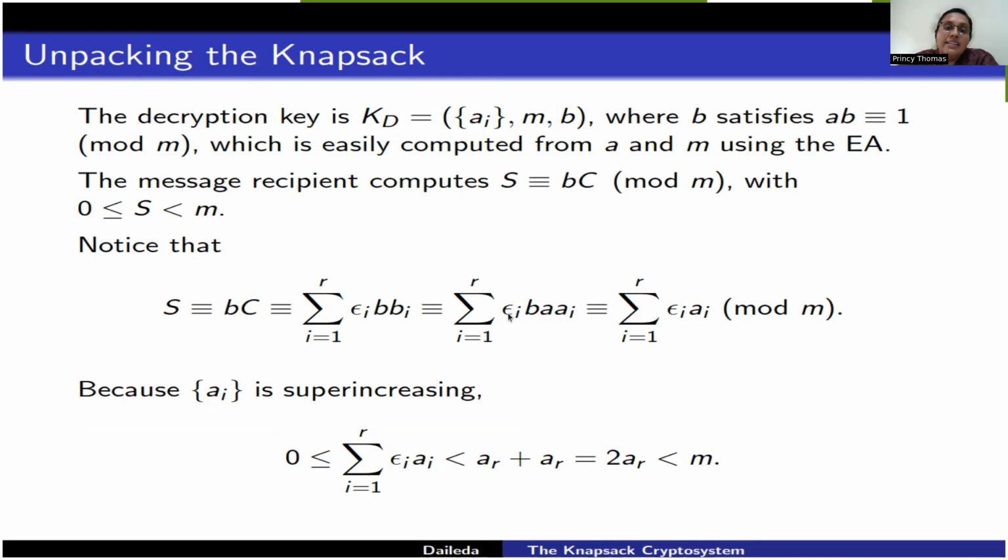It will become 1, and then only epsilon_i a_i remains. Because a_i is a super increasing sequence, this value, the sum of epsilon_i a_i, will be less than 2a_r, which is less than M. So the original message can be retrieved.